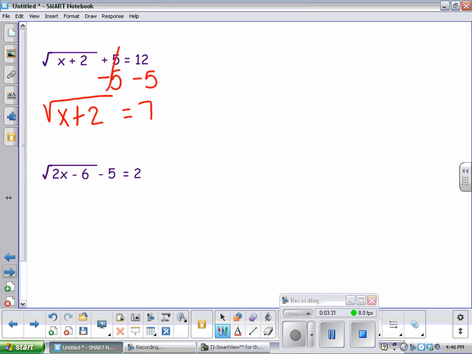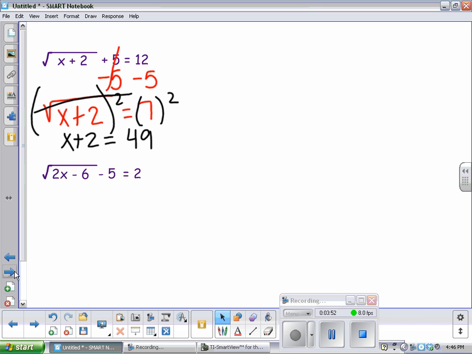Now it's set up just like the last one, where I can go in, I can square both sides, square root and square cancel, I'm left with x plus 2 equals 7 squared, which is 49. And here all you have to do is subtract that 2. So x is 47.